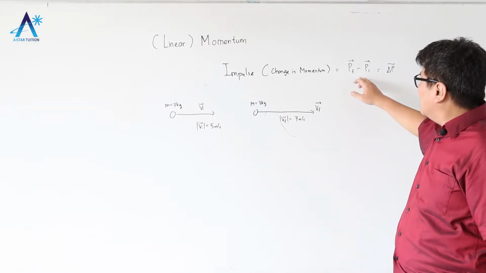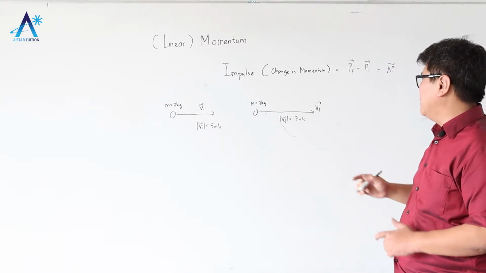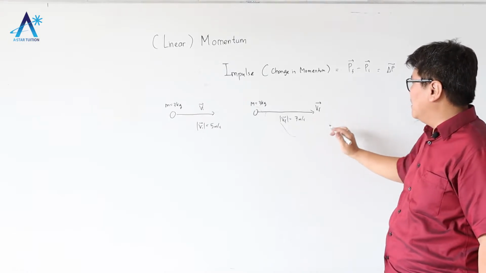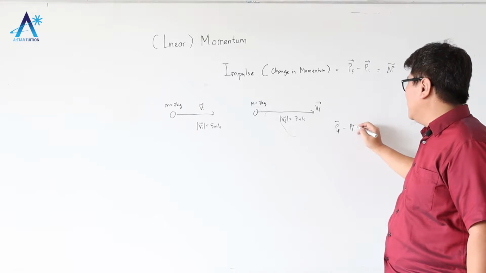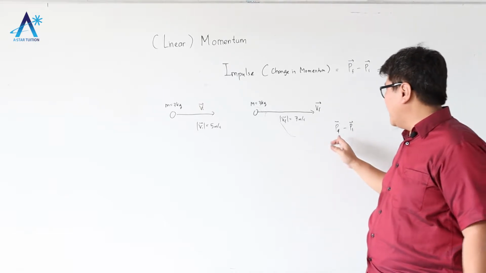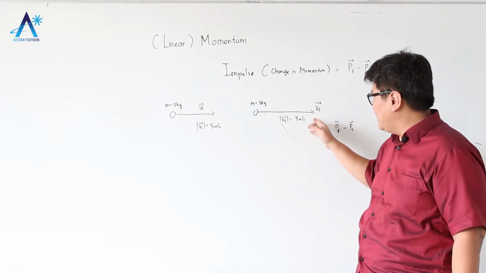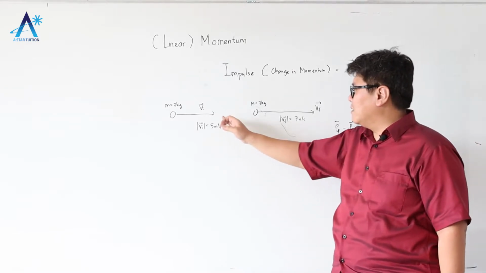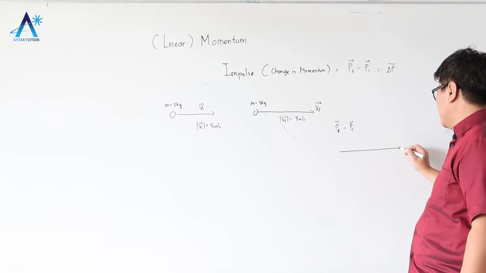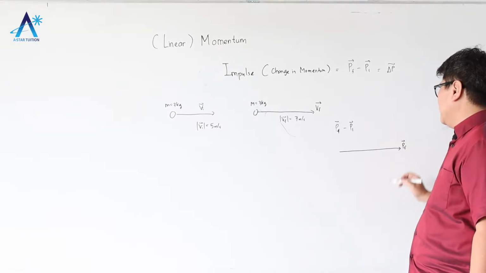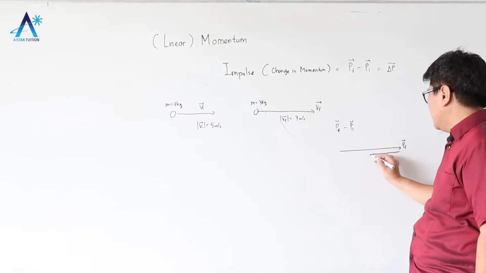In this case, it is quite easy to see because the direction doesn't change. So you subtract the final vector pf with the initial vector pi. Now remember, pf has the same direction as the final velocity and pi has the same direction as the initial velocity. So in this case, you just have pf and then minus pi.